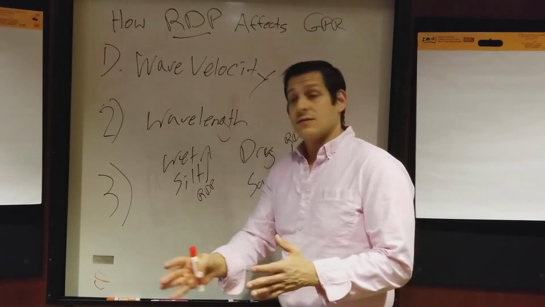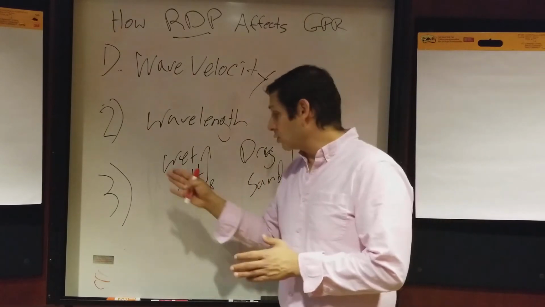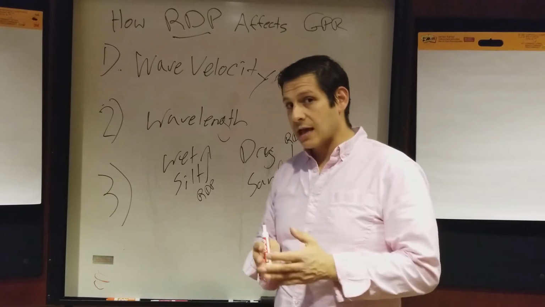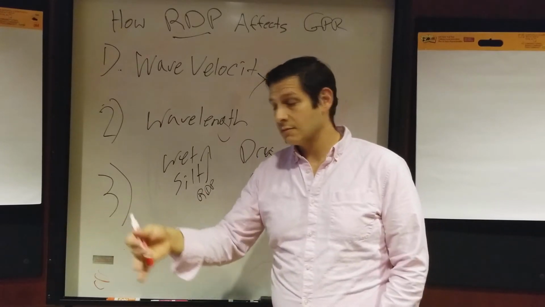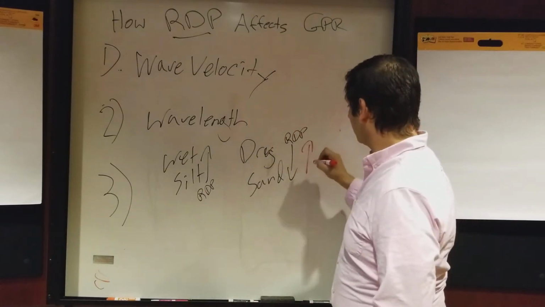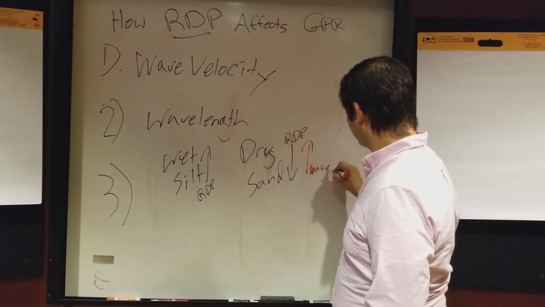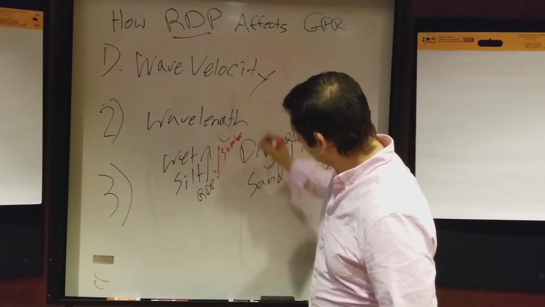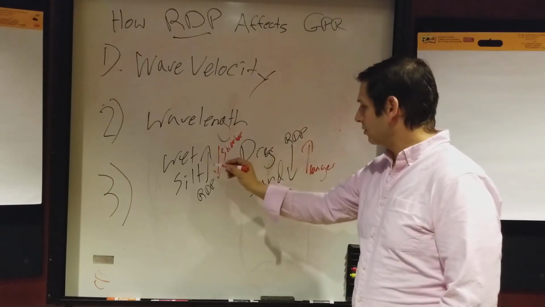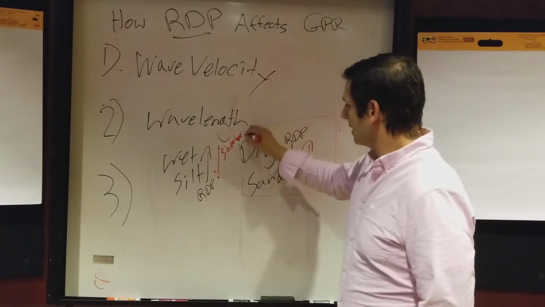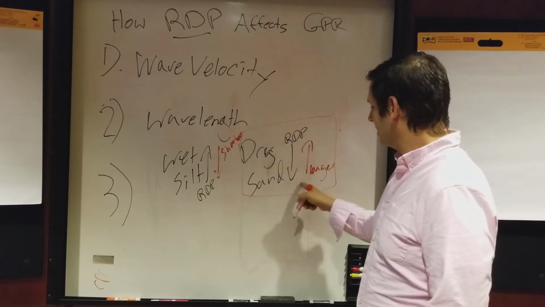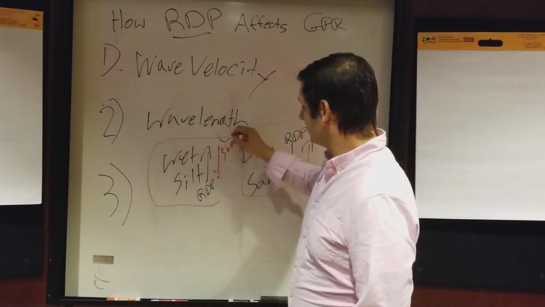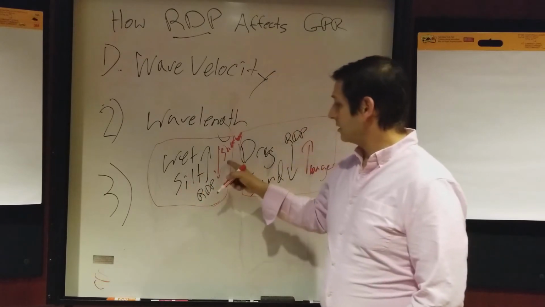It's going to have a different wavelength than if you push it over dry sand. Under which condition is your 400 megahertz antenna, as an example, going to have a longer wavelength? It's over here, so longer, and here, shorter. So in dry sand and all other things with low RDPs, you get longer wavelengths. In wet silt, and like everything else with high RDPs, you get shorter wavelengths.